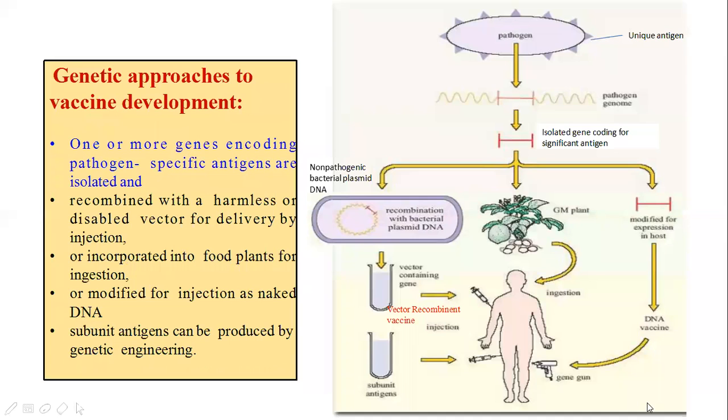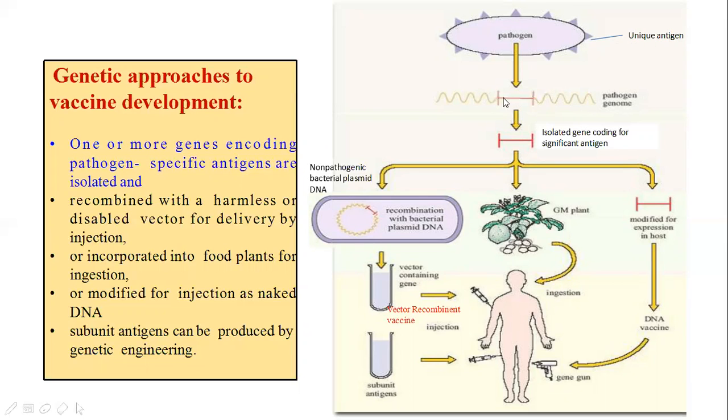This picture will tell you how recombinant vaccines can be produced. First we select the pathogen, and then we identify the proteins responsible for the unique antigenic property of the pathogen. Now we select the gene that encodes this unique antigen or protein.